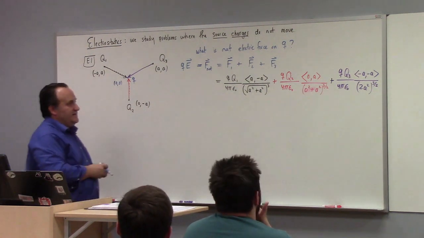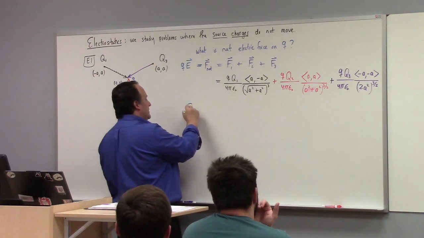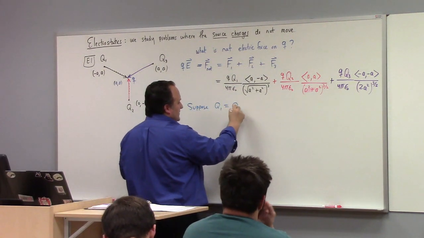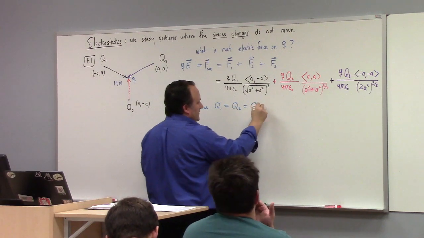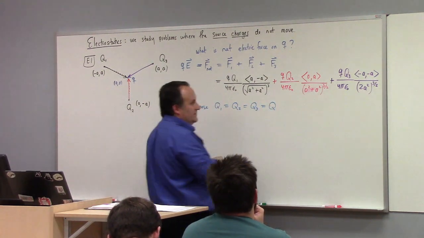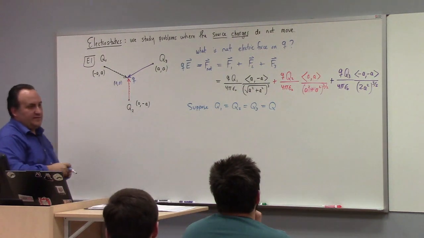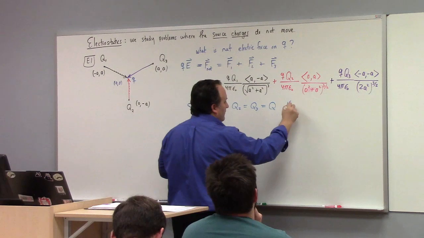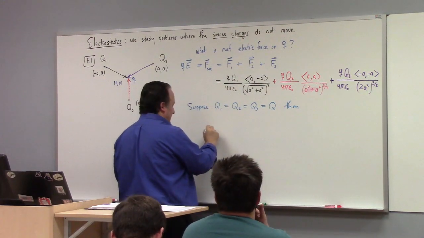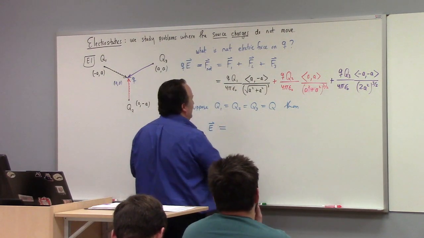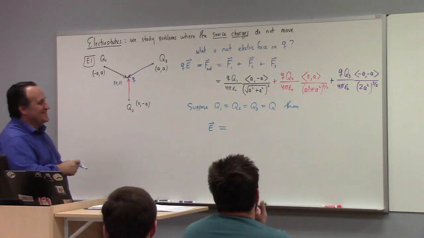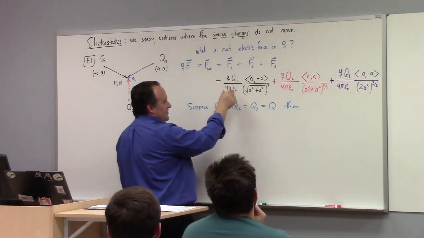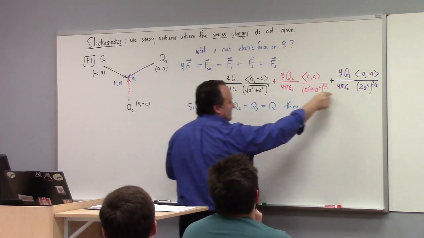Let's get a little bit more mileage out of this example. Suppose Q1 equals Q2 equals Q3 equals just big Q, all right? What would the electric field at the origin be in that instance? Anyway, the larger point is that the coefficient in the front is the same for every one, right? All the same.